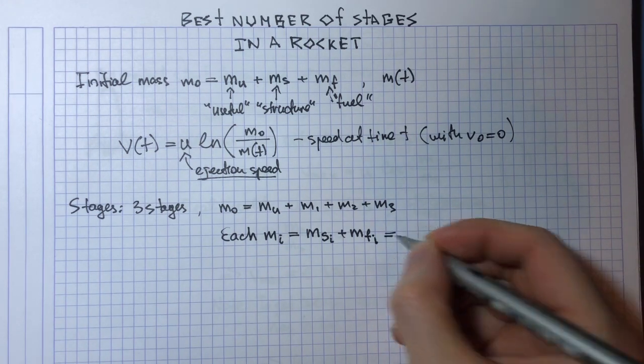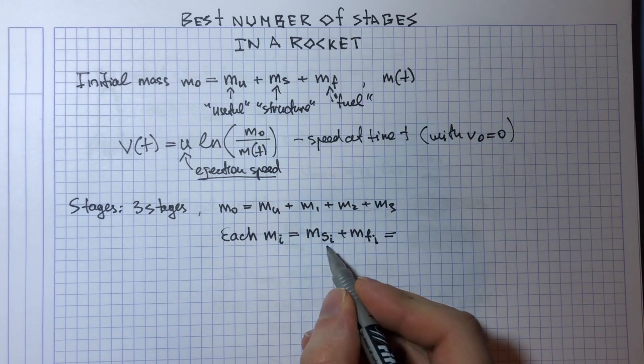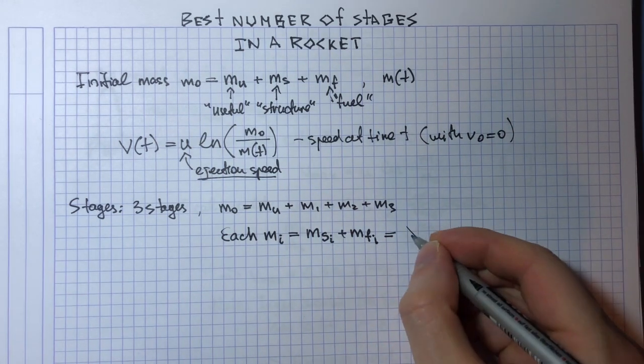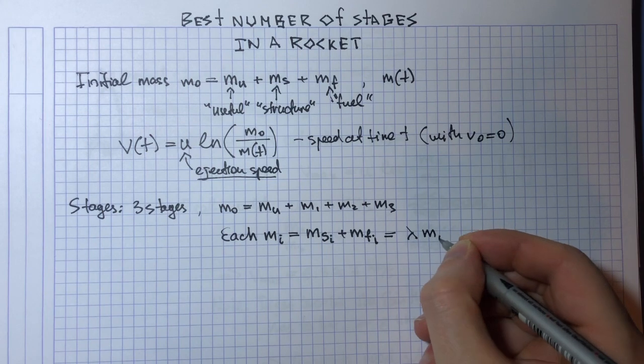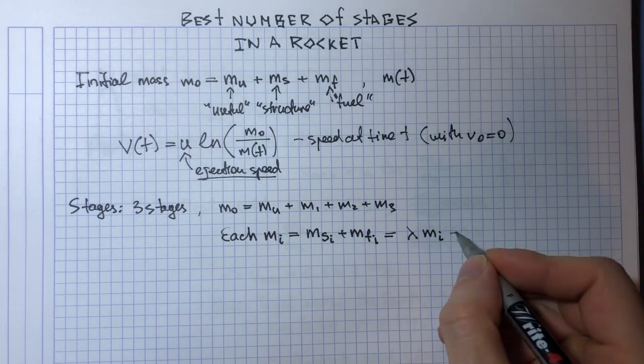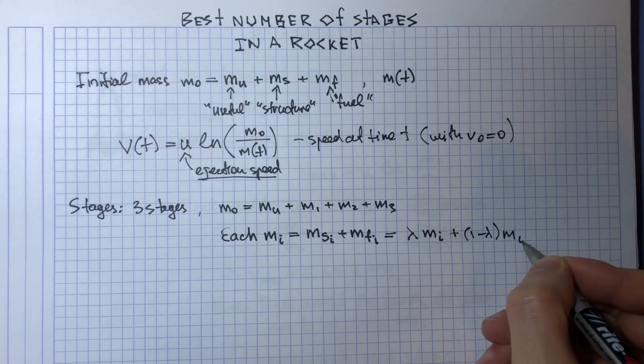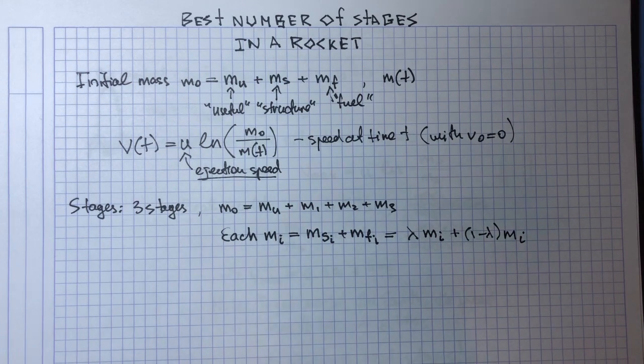So we will assume that this structural mass is equal to lambda mi, and then because they sum to mi, the fuel mass is thus going to be 1 minus lambda mi.